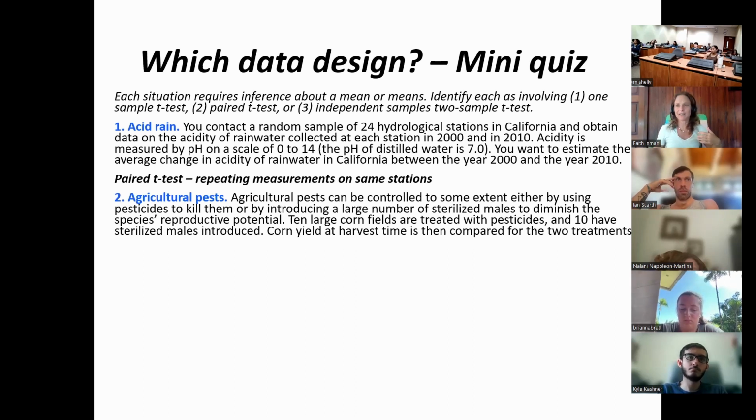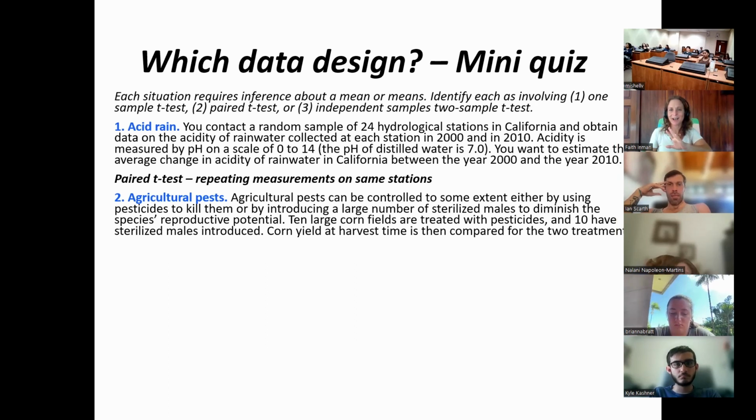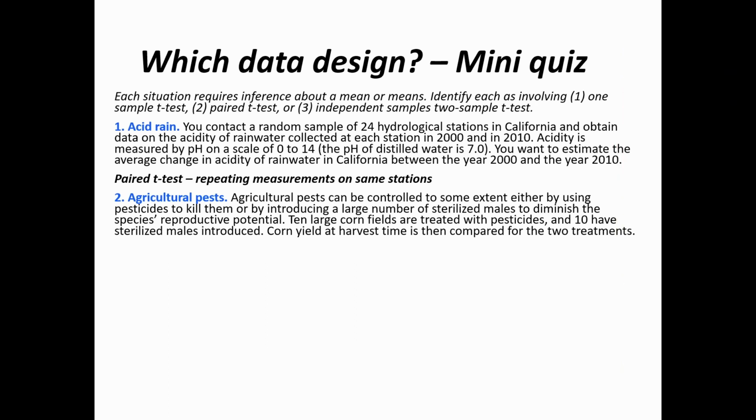Agricultural pests. I know we got some ag majors here, so I wanted to make sure I put this in. Okay, agricultural pests can be controlled to some extent, either by using pesticides to kill them or by introducing a large number of sterilized males to diminish the species' reproductive potential. 10 large cornfields are treated with pesticides and 10 have sterilized males introduced.